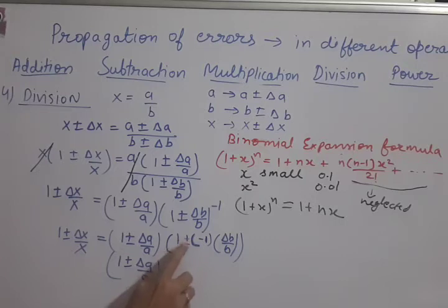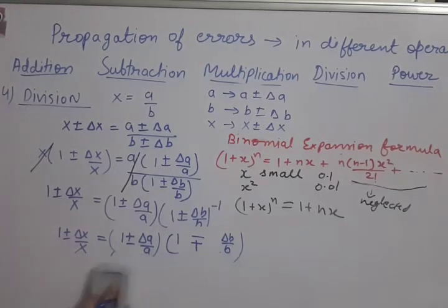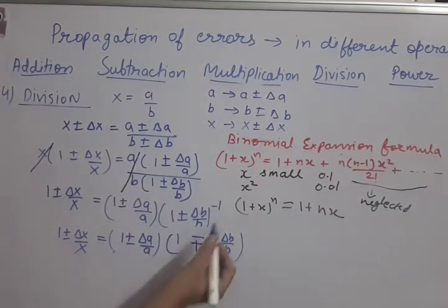Minus plus will become minus and minus minus will become plus. So if I remove it, it will become minus plus. Now I can remove this bracket also from here. So overall, by applying the power, only signs have changed.